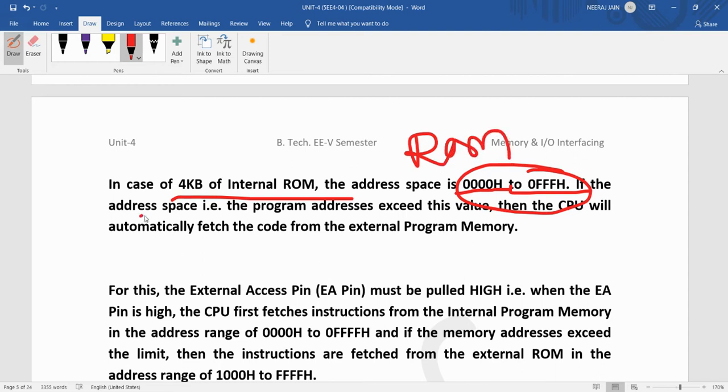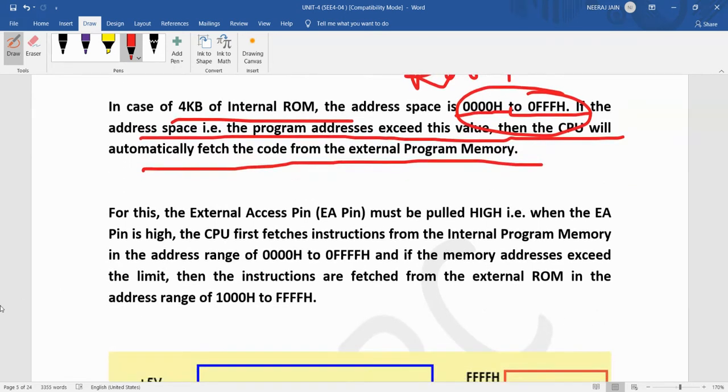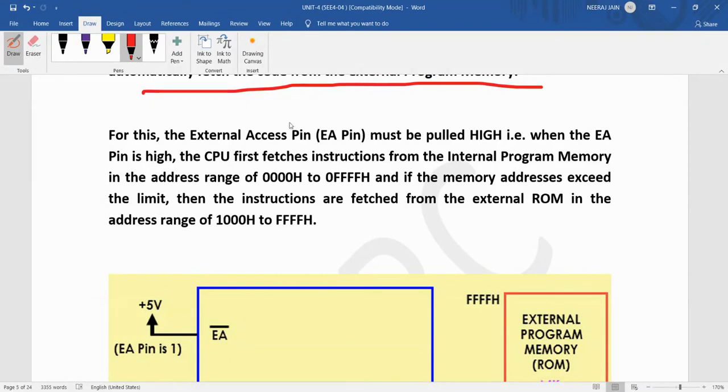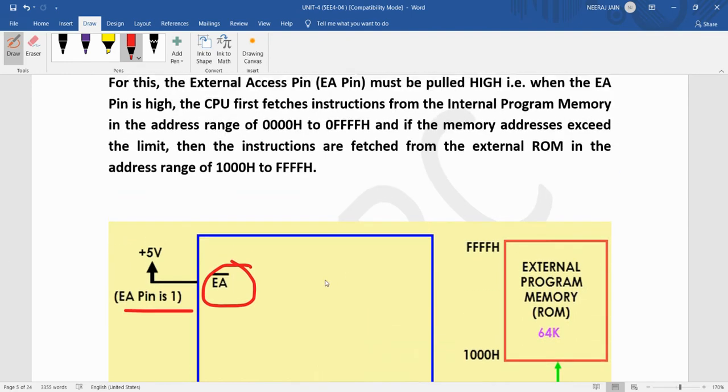If the program address exceeds this value, the CPU will automatically fetch the code from the external program memory. For this external program memory, the EA pin must be pulled high, as shown here. The EA pin should be 1 to access the external memory.